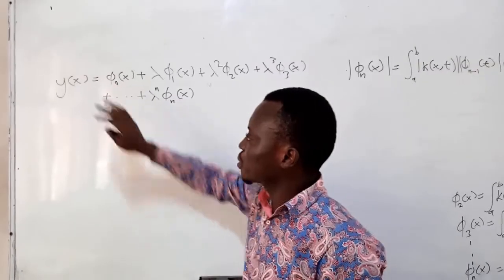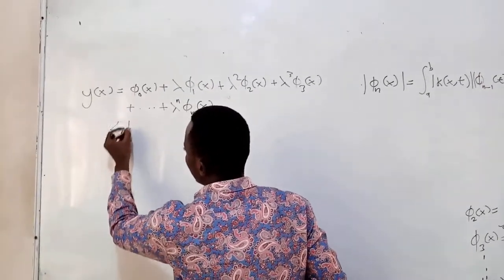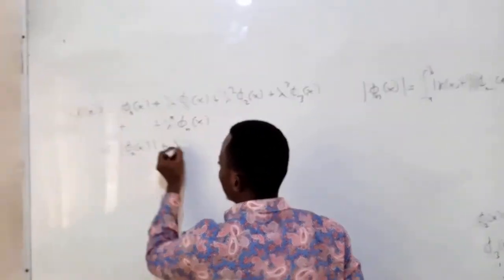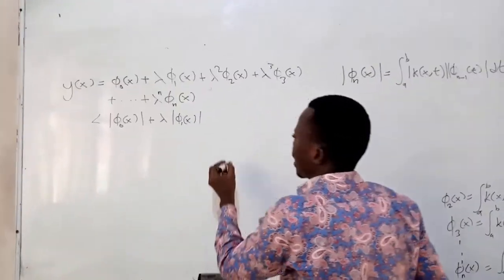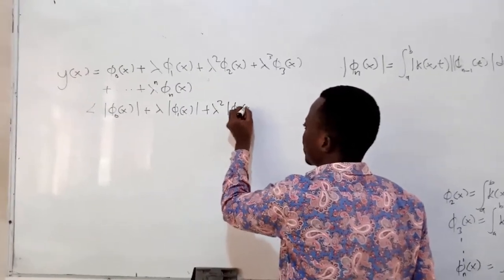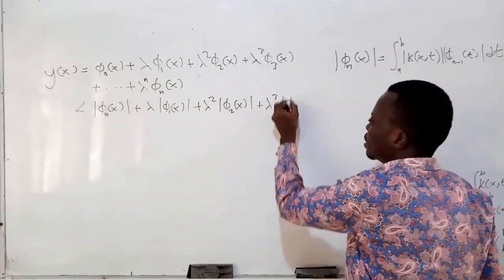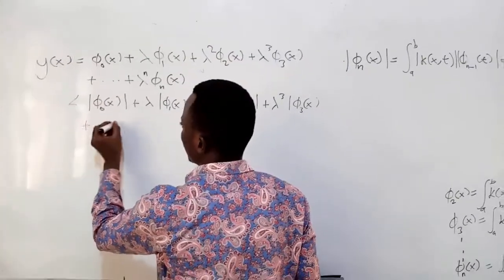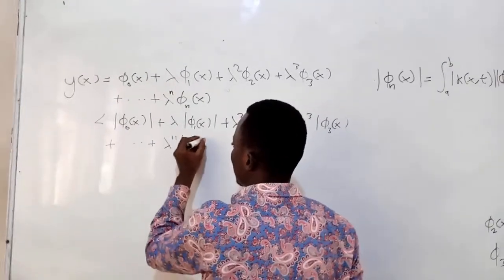You can easily see that this will be less than the absolute value of phi naught of s plus lambda absolute value of phi 1 of s plus lambda square phi 2 of s plus lambda cube phi 3 of s plus dot dot dot plus lambda n phi n of s.